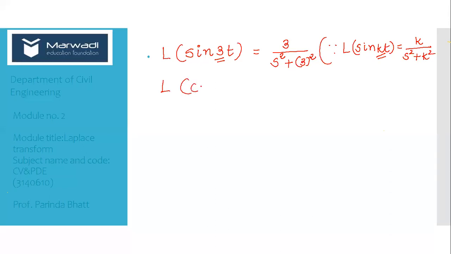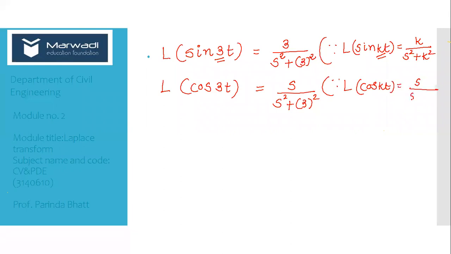Now, Laplace of cos 3t. This is s upon s square plus 3 square. And 3 square, we know that this is 9. You can apply over here Laplace of cos kt, which is s upon s square plus k square.